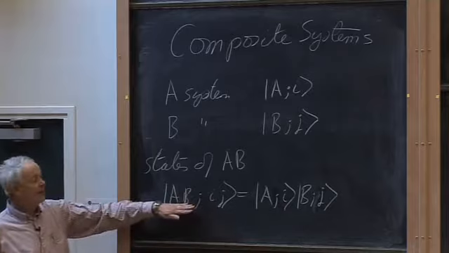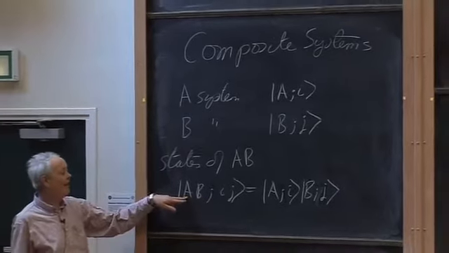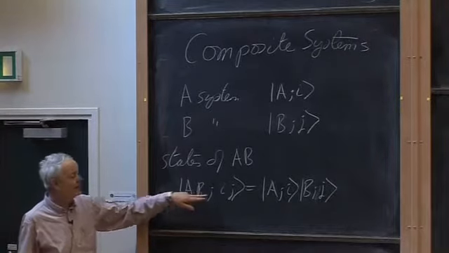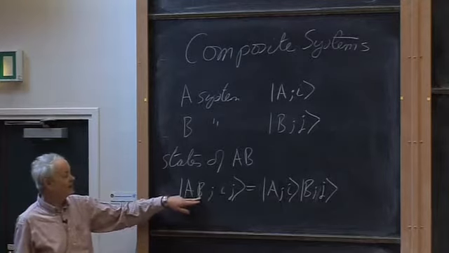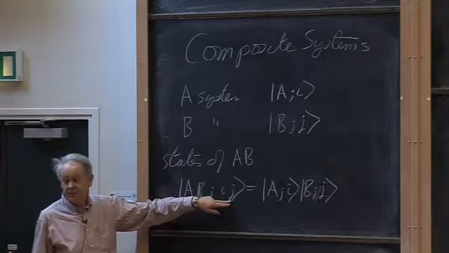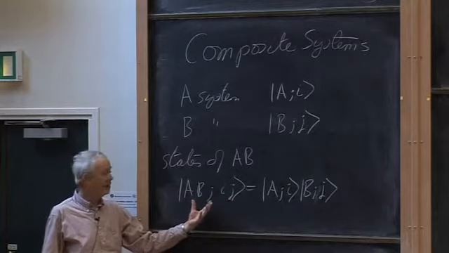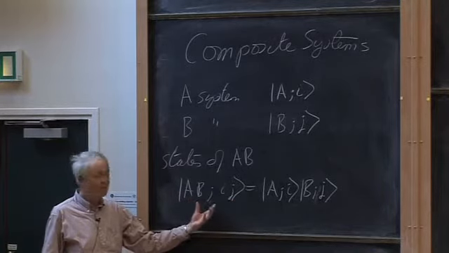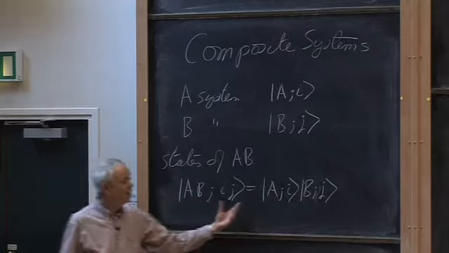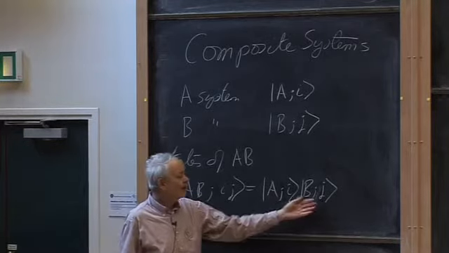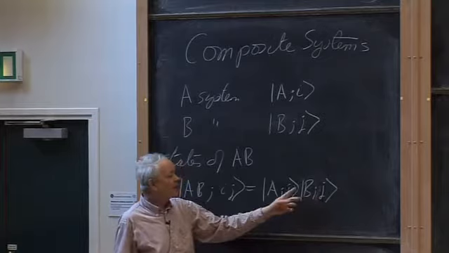This means the state of the compound system, where the subsystem A is in its ith state, and the subsystem B is in its jth state, right? So we have to know what this means, and I think we do know what this means. I've just given words that give meaning to that. And on the right-hand side, we have a symbolic multiplication, and we don't need to worry too much.